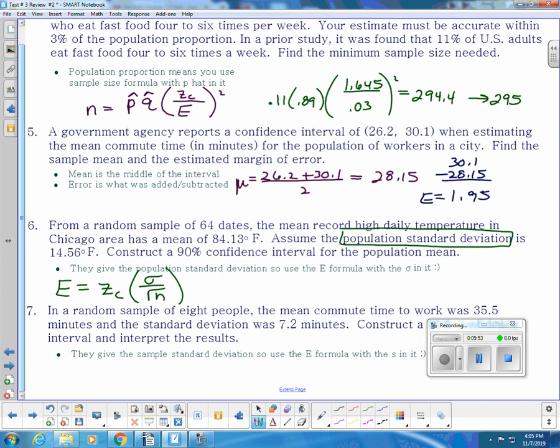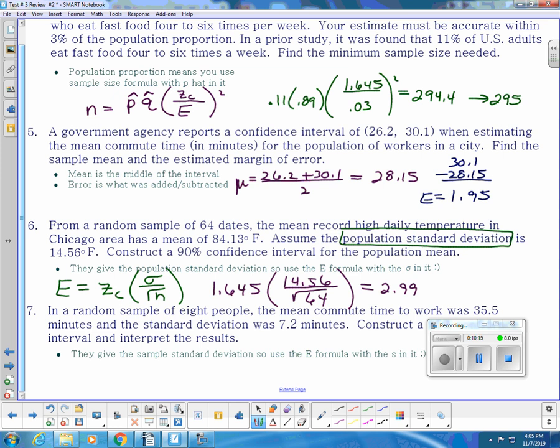They're telling us a 90% confidence level, so we're going to go to our z-score chart. 90% correlates with 1.645. The standard deviation that they gave me for the population is 14.56 divided by the square root of 64. So my margin of error is 2.99.